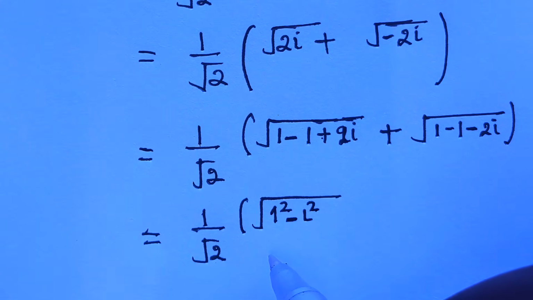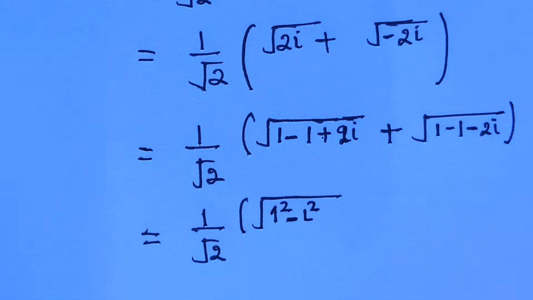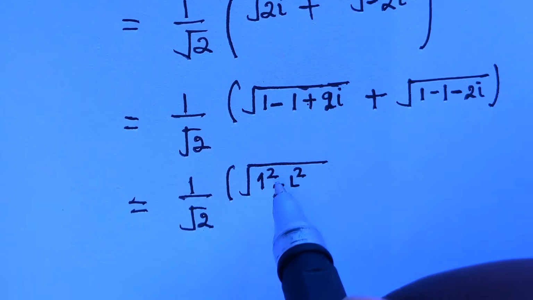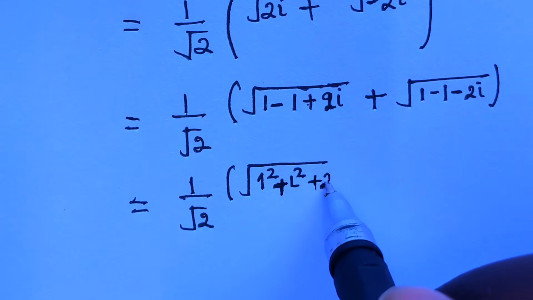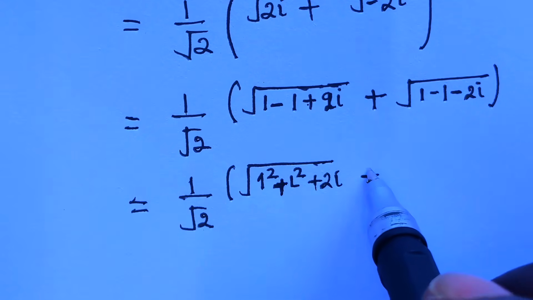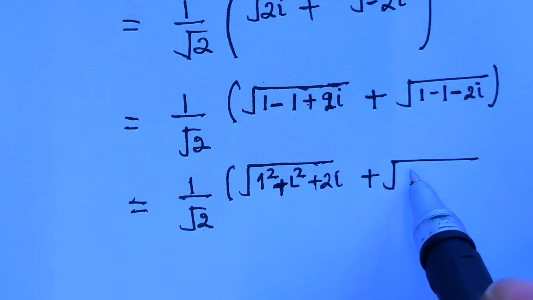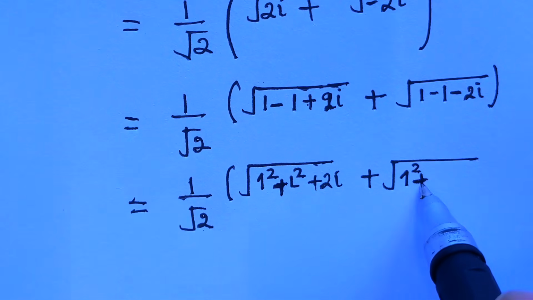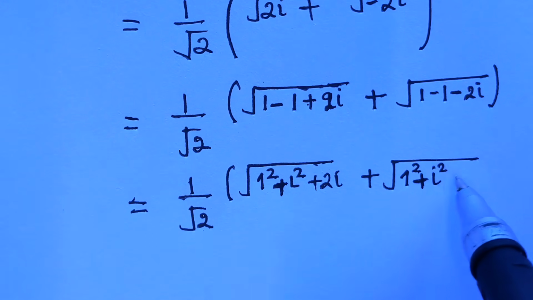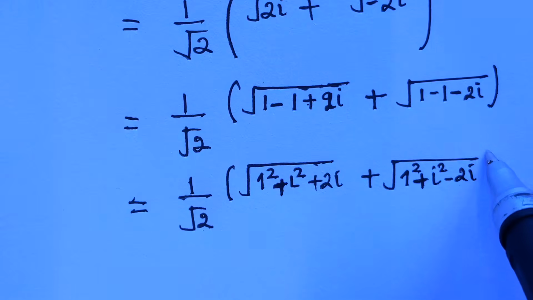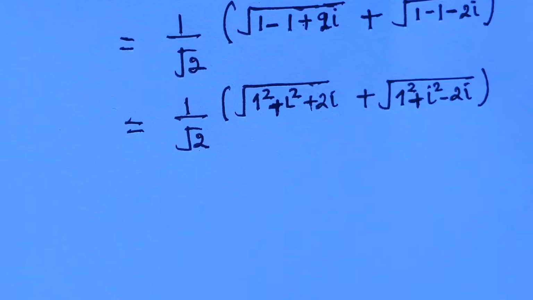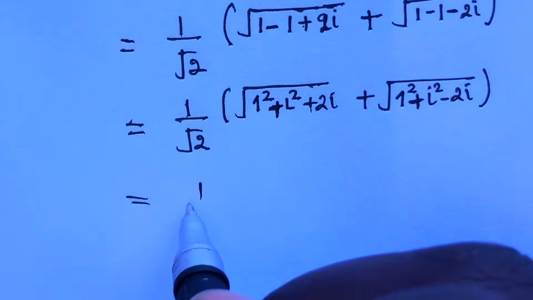This is what we have right here, I squared. But because we have a negative, we can write plus I squared, then plus 2I, and then plus 1 squared. This negative stands for plus I squared, then minus 2I, close bracket.